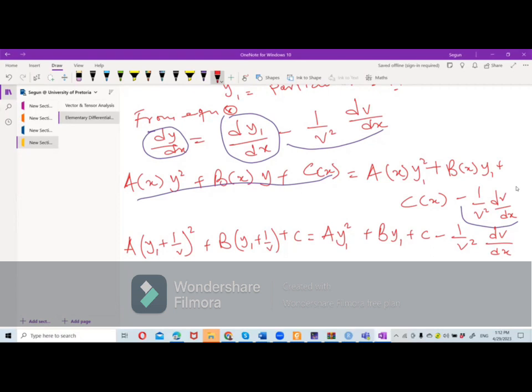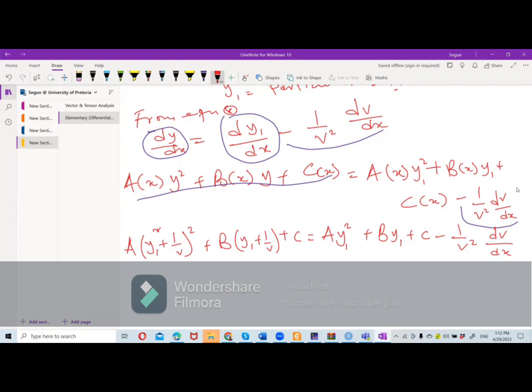So we now need to open the brackets one after the other. We need to eliminate v squared. Remember, when you open this bracket, you have v squared somewhere.